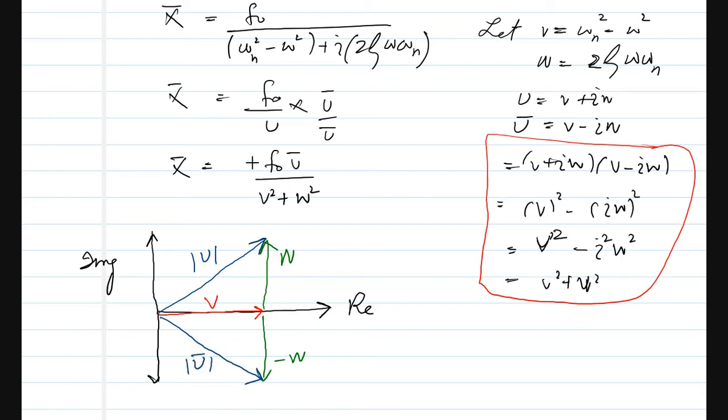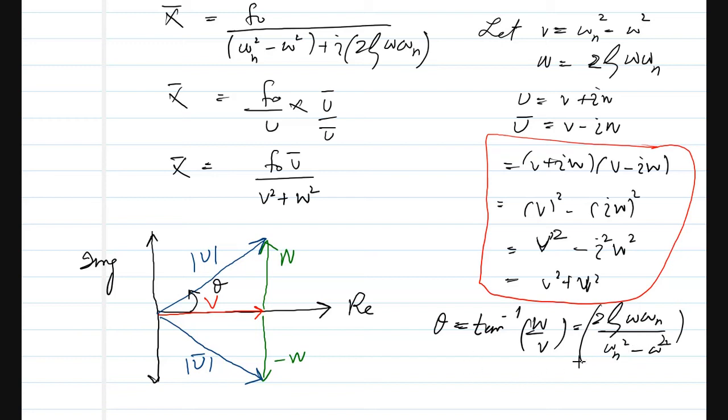And the angle is theta. Now this angle, if you write here, theta is equal to tan inverse of w over v, and that is equal to 2 zeta omega omega n divided by omega n square minus omega square.